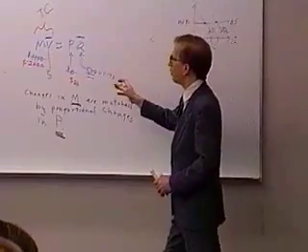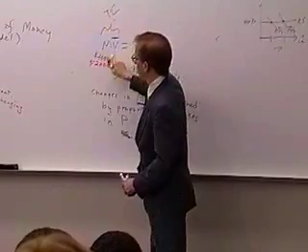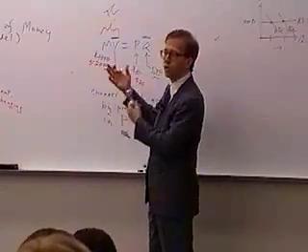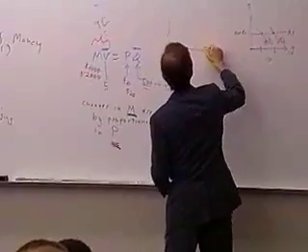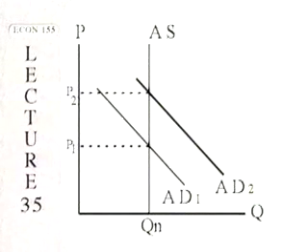Now what the classical economists are saying is that if the money supply goes up, for example, and so total expenditures rise, let's draw the curve here. Here's Q and P. If there's a change in aggregate demand from AD1 to AD2 due to a larger money supply and more spending, the entire change of that extra spending is reflected in a higher price level. Prices will go up, but there's no change in Q.